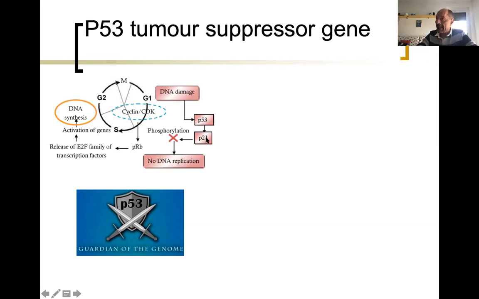P21 is a kinase inhibitor that blocks the phosphorylation that eventually leads to DNA replication. So it stops DNA replication in G1/S.